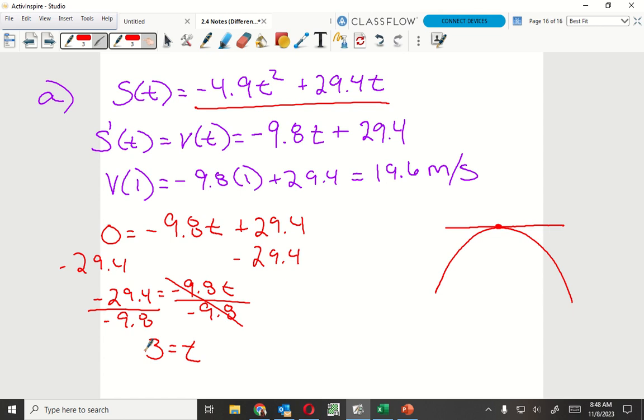So you have to check your work. If you get an answer for a negative time, you can't really have negative time. Real world problems have real world types of limits. No negative time, no negative distance. So t is equal to 3. So that means that the max is going to be at 3 seconds.